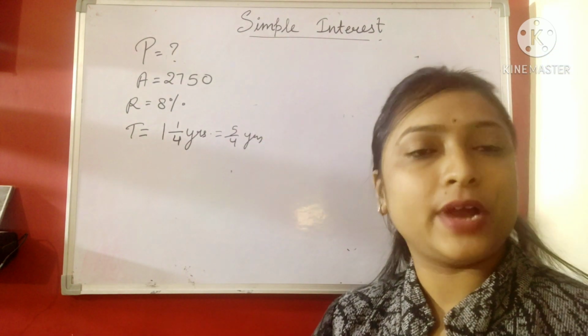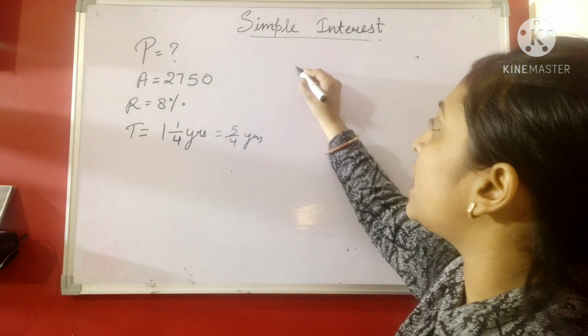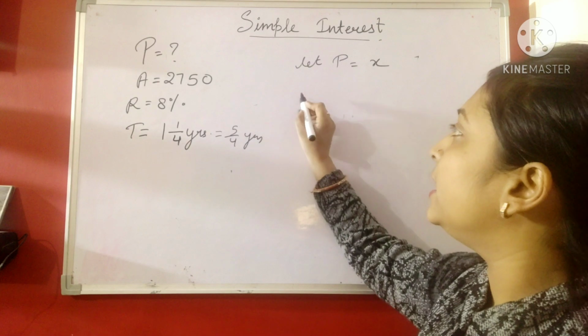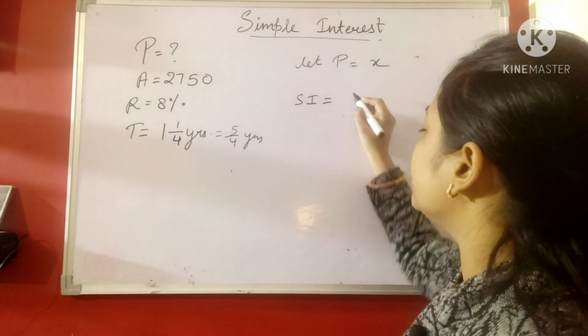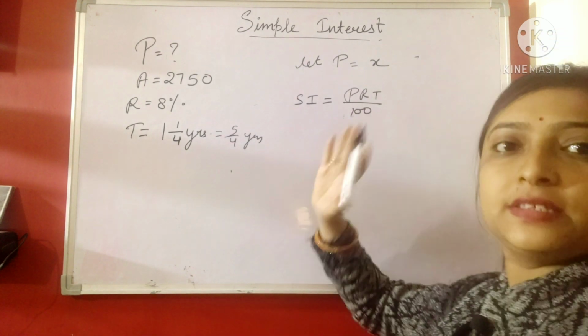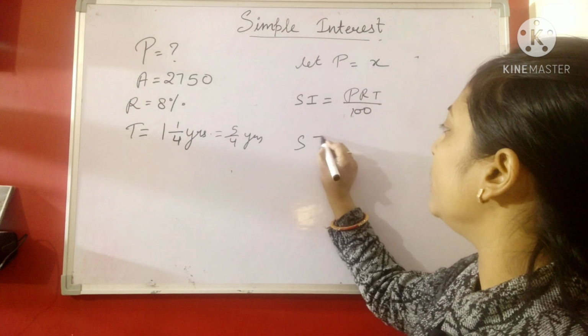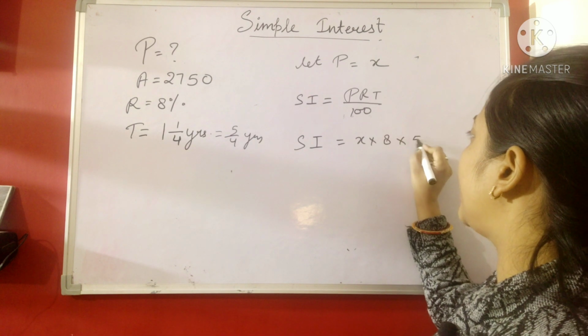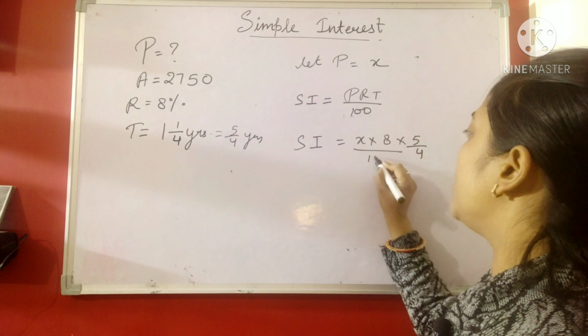To find the principal, let us assume that the principal is X. Let us apply the formula of simple interest, which says PRT by 100. Simply substitute the given values, which is X into 8 into 5 by 4 upon 100.